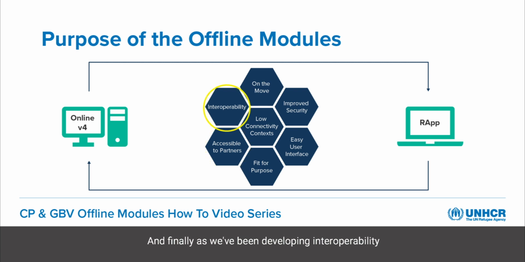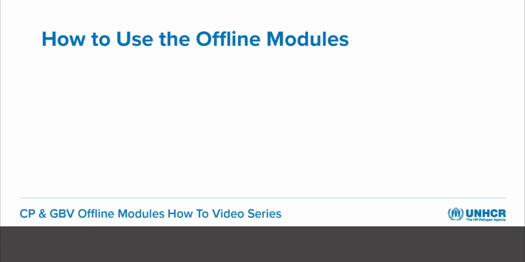And finally, as we've been developing interoperability with our CPIMS Plus/Primero colleagues, we've done this through the offline module of V4. Thus, both the online and the offline version will allow for interoperability functionality so that referrals can be sent to and from V4 and WRAP to CPIMS Plus and back to the child protection module.